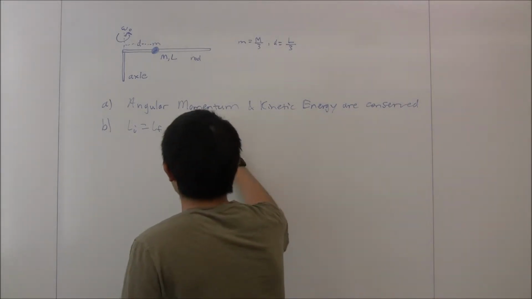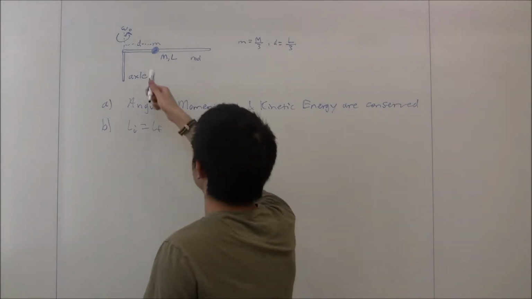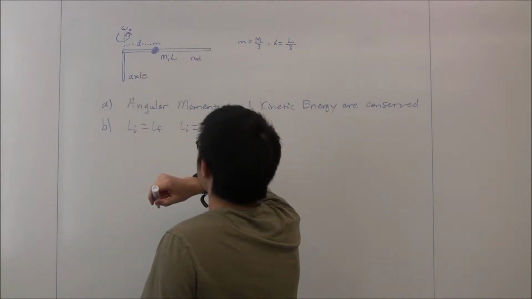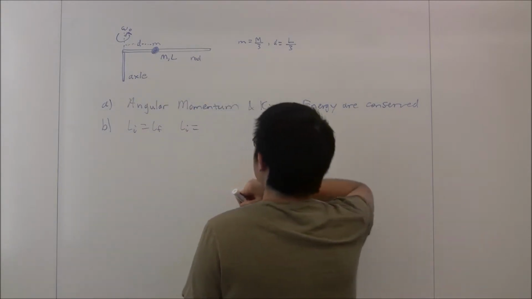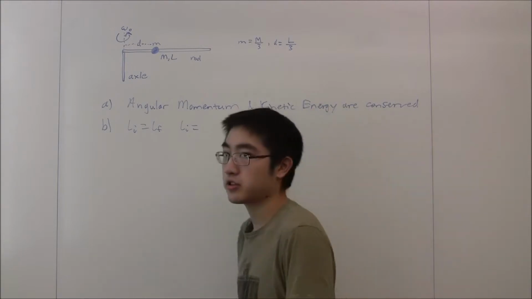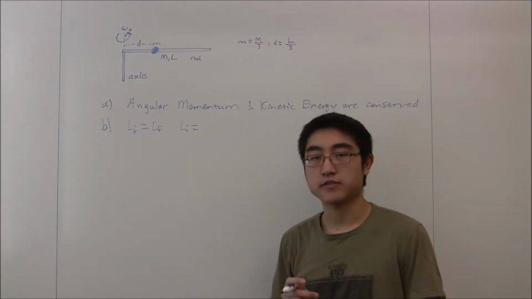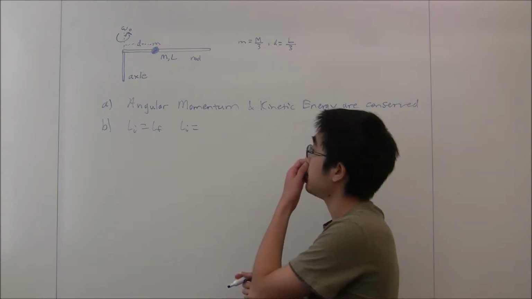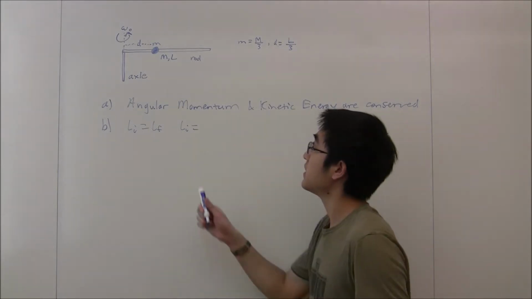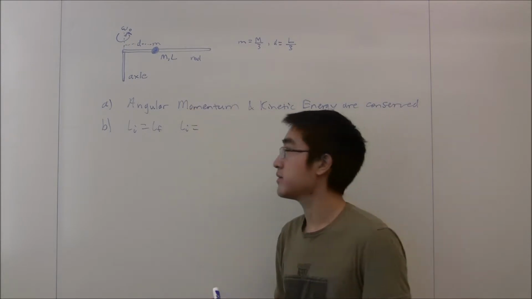So we're going to take our initial angular momentum to be when the bead is initially a distance d from the axle. So remember that angular momentum is the moment of inertia multiplied by the angular velocity. So we're going to sum up the angular momentums of the rod and the bead.